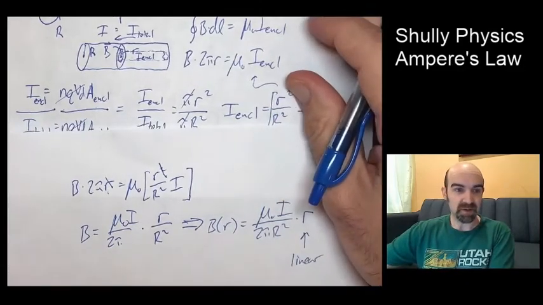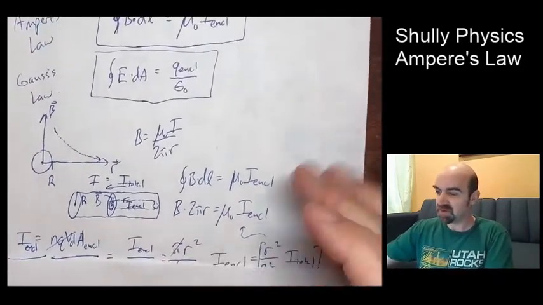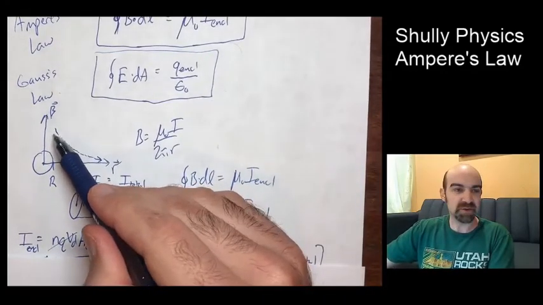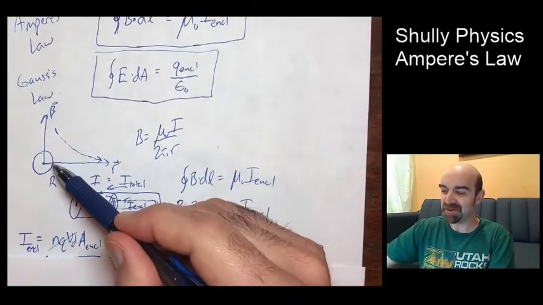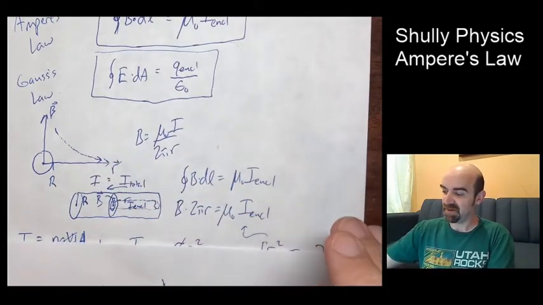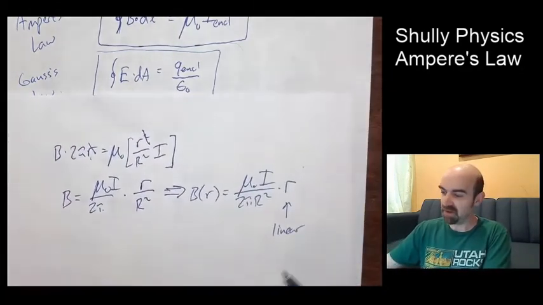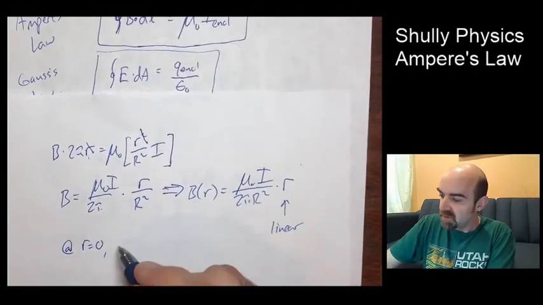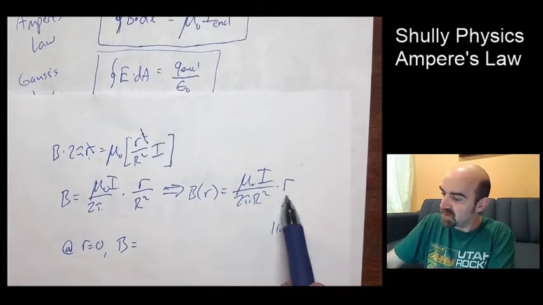So we back it up here. What's the function look like where little r is less than big R? It's a line, right? So if we look at the limits here, at r equals 0, the magnetic field is 0.